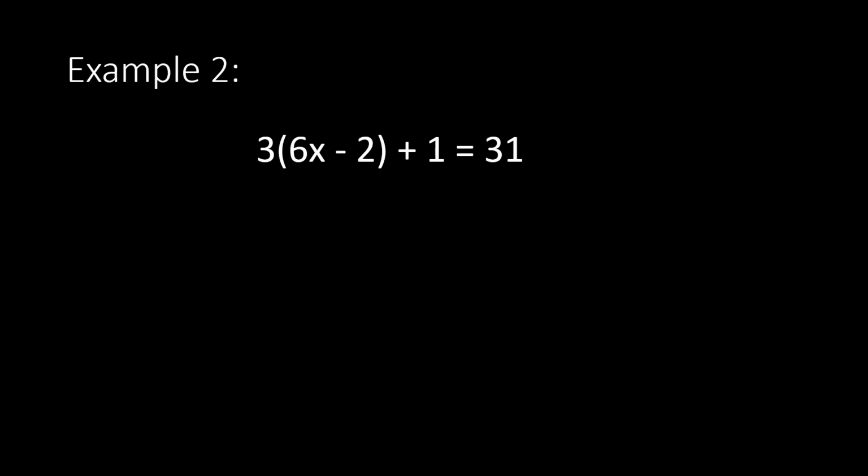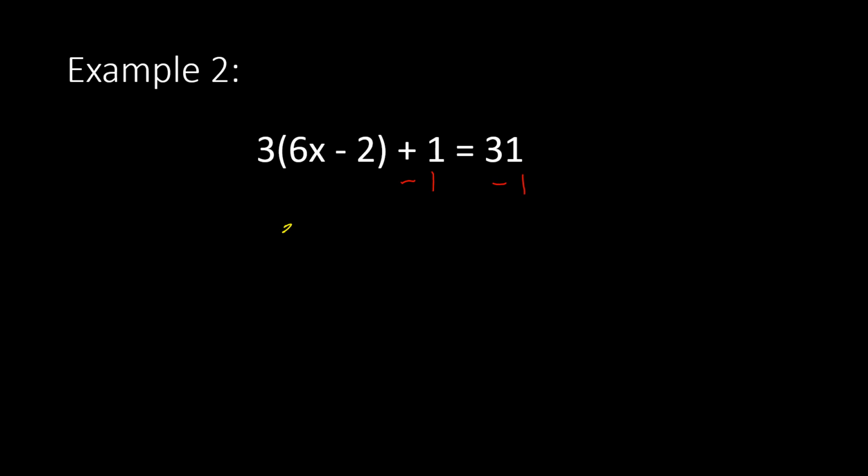So now we have another example, and we'll just solve it like we normally do. I'll wait a few seconds, and you can pause the video if you want. Okay, so now I'll show you how to solve this. You can subtract 1 on both sides.